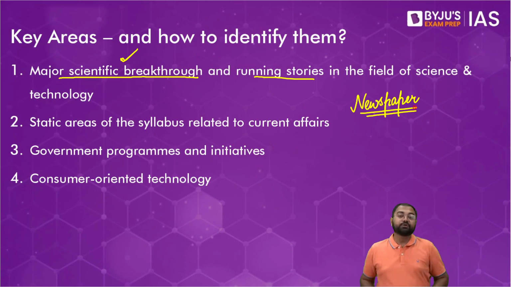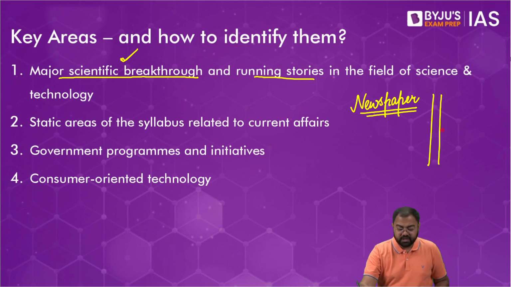In the newspaper, what you'll see is that there are also a lot of small topics of science and technology. Maybe there is this corner column of your newspaper where there are small articles related to science. You might have noticed this. Now, most of the times, these kind of small topics or small articles are not important.